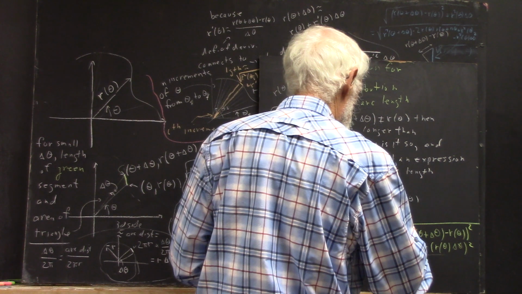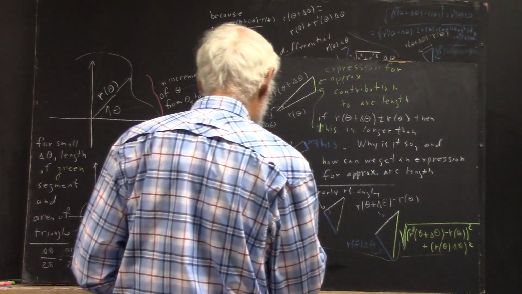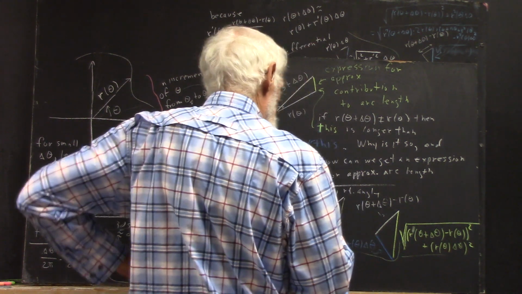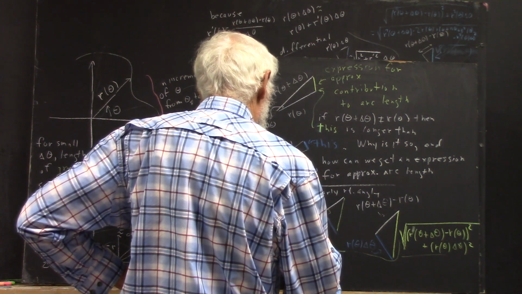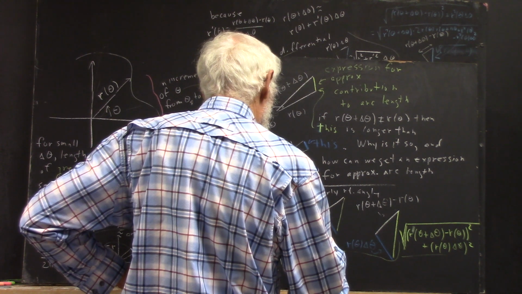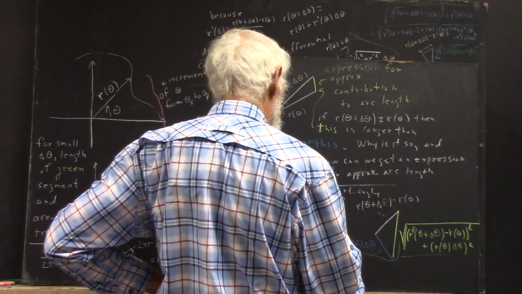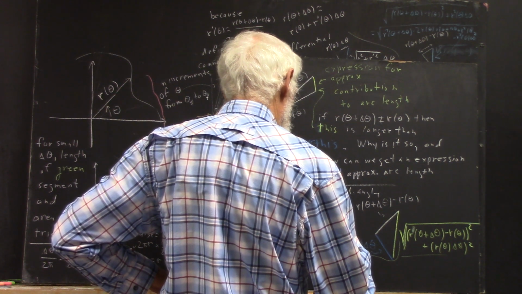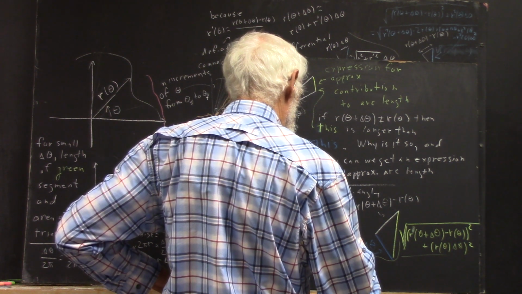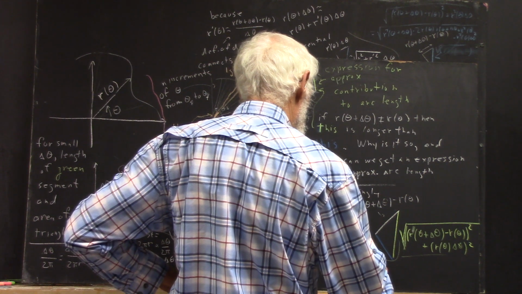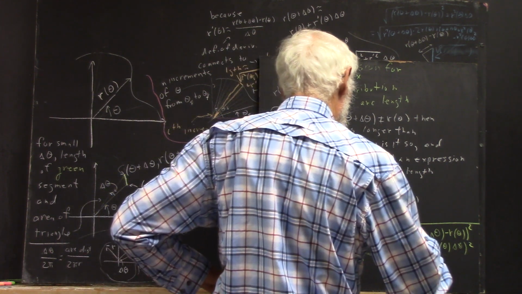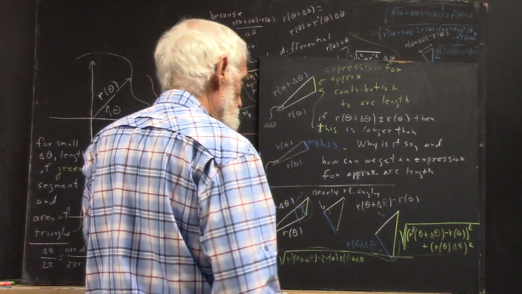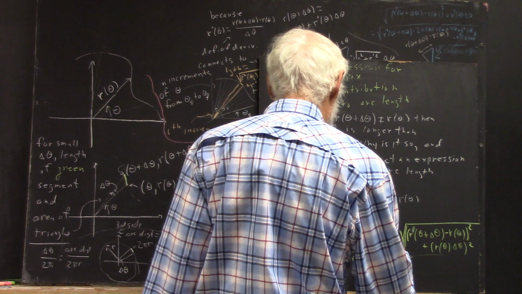Okay, so this, it's r squared minus 2, r of theta times r of theta plus delta theta.